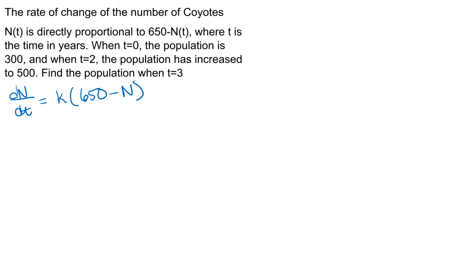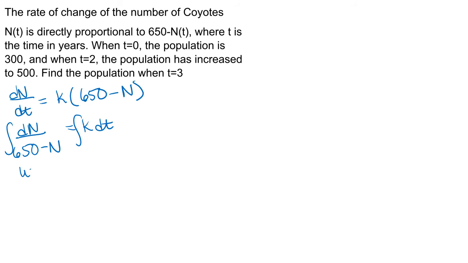So I'm going to divide both sides by 650 minus n and multiply both sides by dt. I do want to warn you, this is a bit of a lengthy problem, so make sure you're pausing and taking notes as we go, so you're making sure you understand the steps. Then we can integrate.